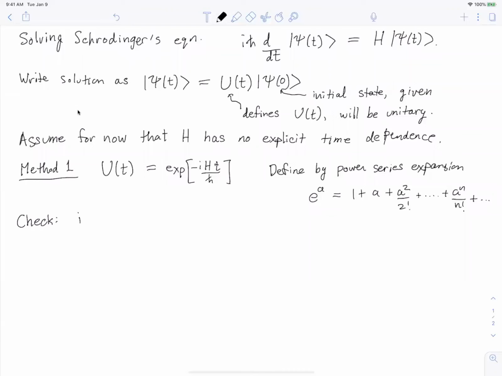And now we can do a check. We'll just plug this guess into the differential equation and see if it works. Okay, so on the left-hand side, we had i h bar time derivative. The only thing that's depending on time here is the exponential. And then we have psi of 0.